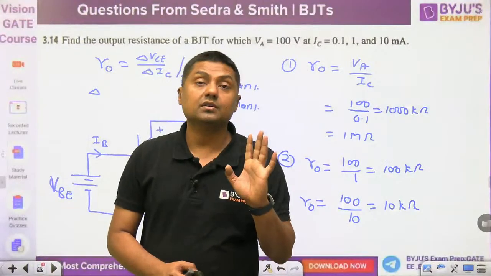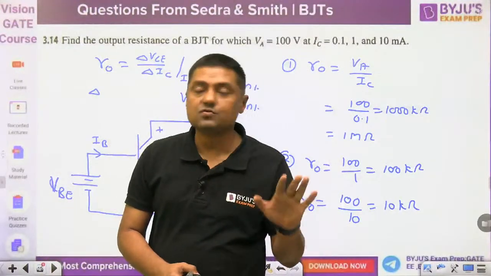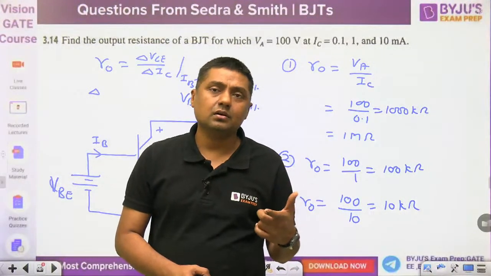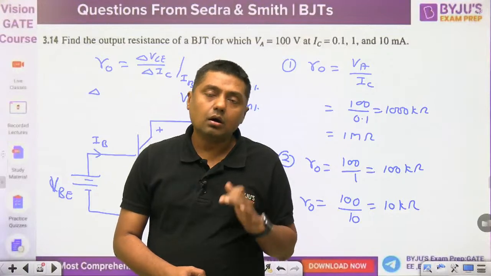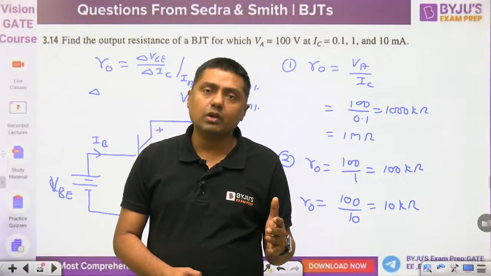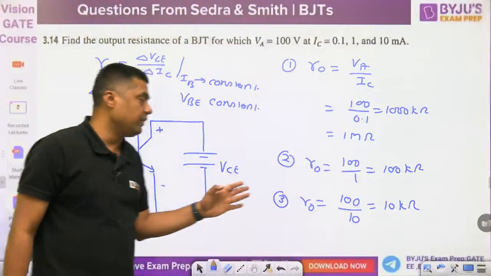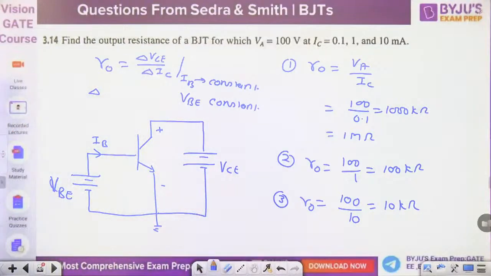It is not constant. The Early voltage is fixed, but when we increase the biasing current, the output resistance will decrease. In analog, you have to consider this effect. This is a very, very important one. Remember, those are the different values of R0.